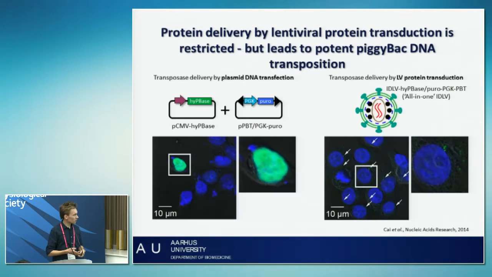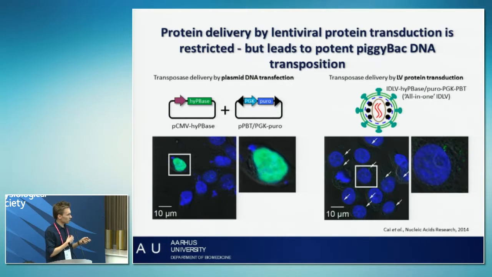So then we looked inside our target cells after delivery of our genome-modifying enzyme. If we first take a look at plasmid DNA transfection, what we saw were cells that were absolutely stuffed with the transposase enzyme. We did this by confocal microscopy of HA-tag versions.